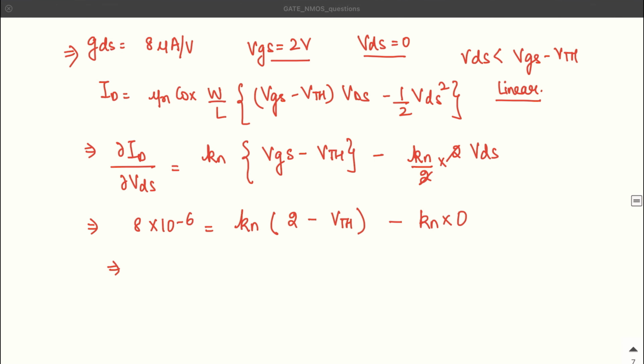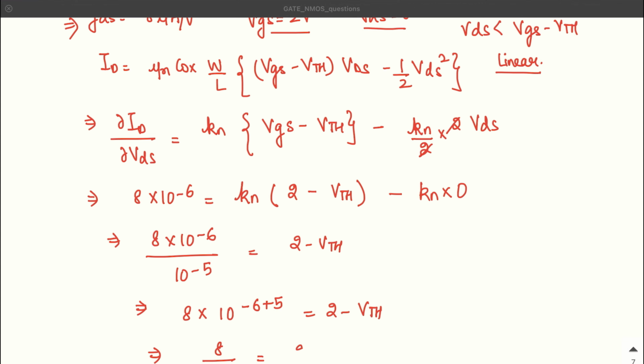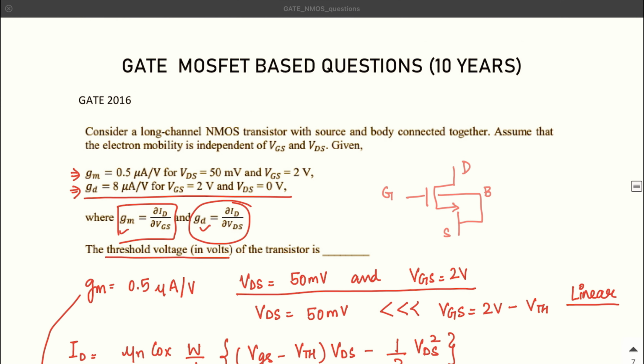So hence we are left with 8 into 10 to the power minus 6 divided by Kn, where Kn is 10 to the power of minus 5, is equal to 2 minus VTH. You will get 8 by 10 is equal to 2 minus VTH. Upon solving, you will get VTH equal to 1.2 volt. So hence, the answer to this question is the threshold voltage is 1.2 volt.